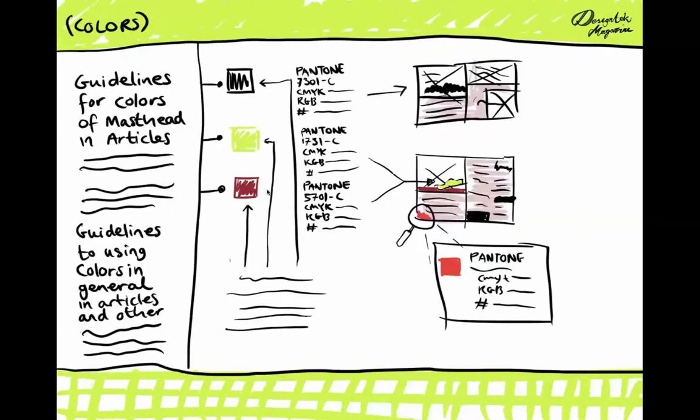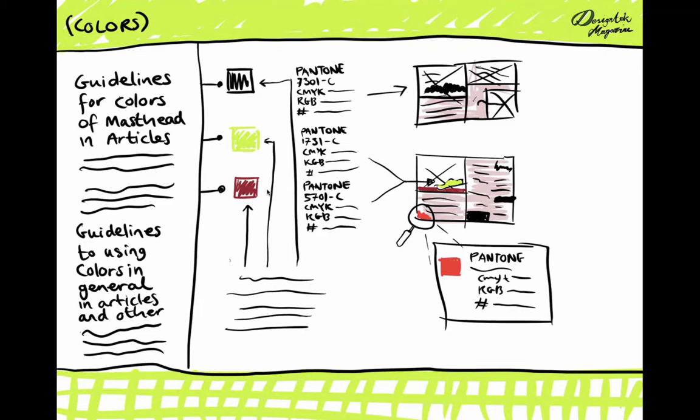Just make sure that you're telling everything that is possible about the guidelines for how you're supposed to use this. Because if there's something you forget to explain in your style guide, that means the designer will have to make the choice him or herself when designing the magazine.